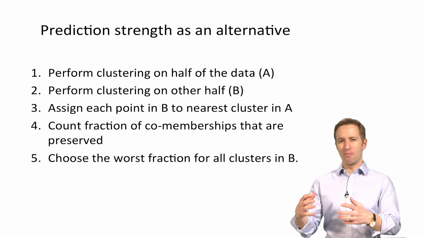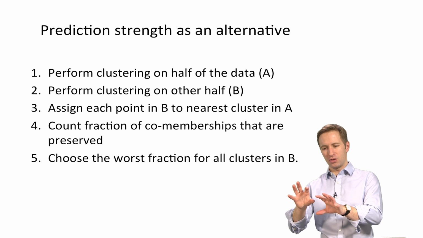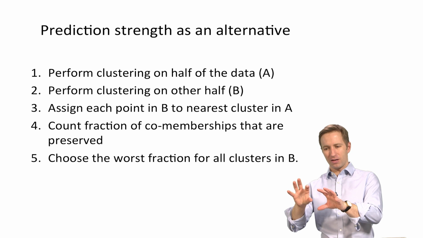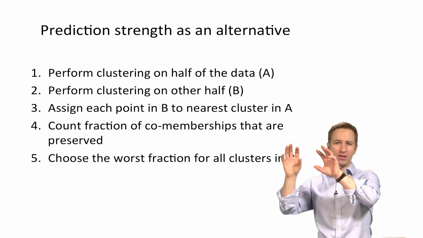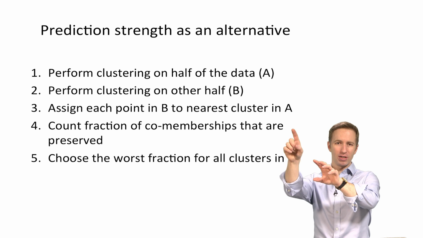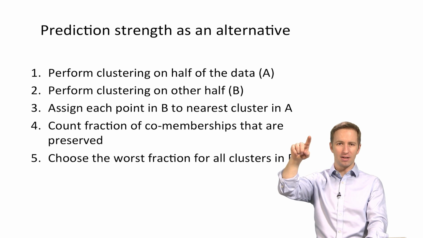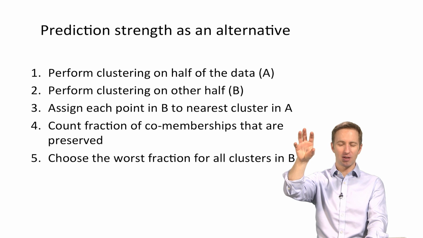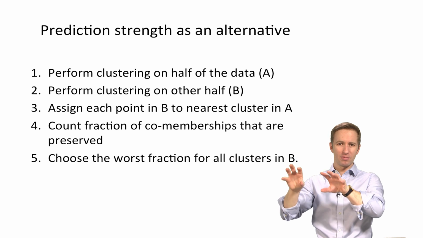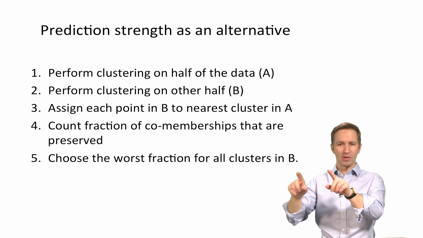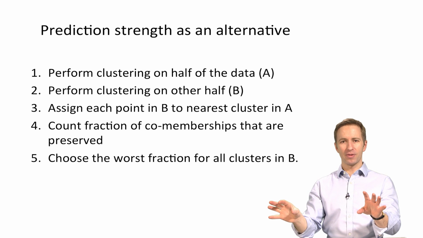So in other words, maybe in the first half of the data A, you were able to detect 2 clusters, but in the second half B, you detected 3 separate clusters. And let's say some of the points in the new third cluster, when you assign them to their nearest cluster in A, some of them went to the first cluster, some of them went to the second cluster, so they got split up.